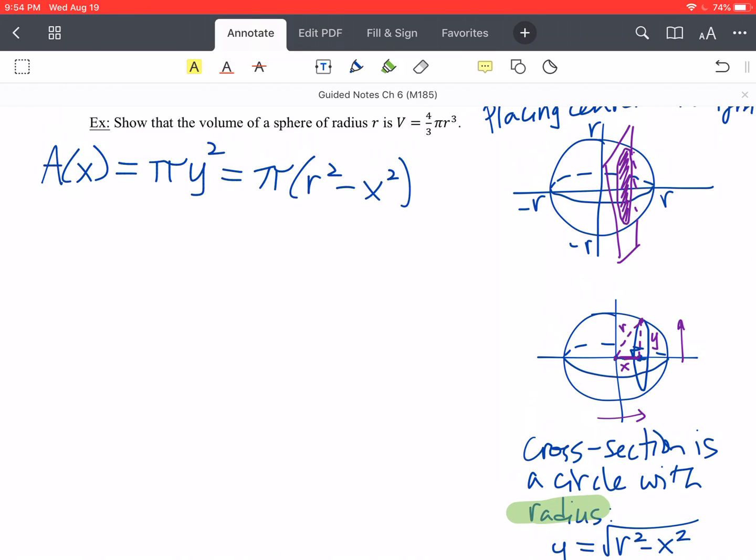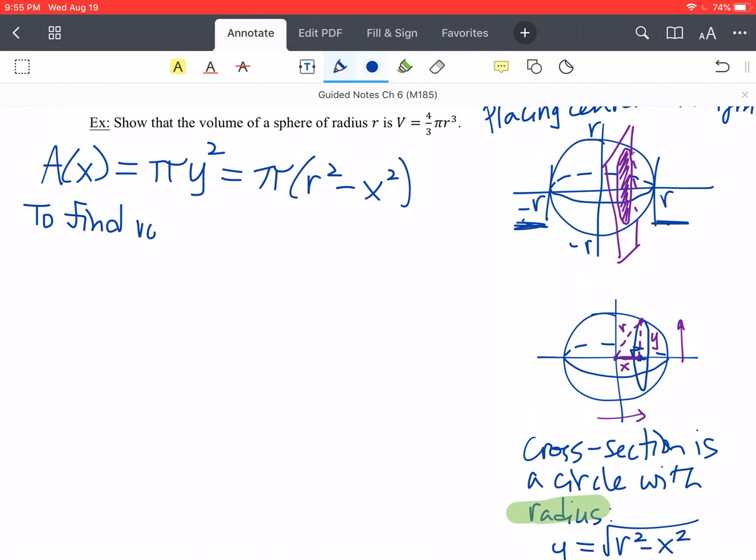Okay, so to find the volume, we need to evaluate it from negative r up to r, right? That's the entirety of the sphere. So to find volume from negative r to r, we go ahead and set up the integral.